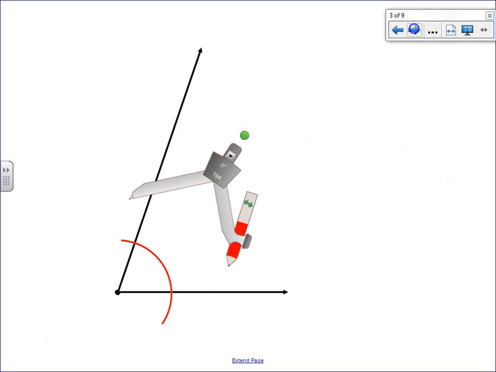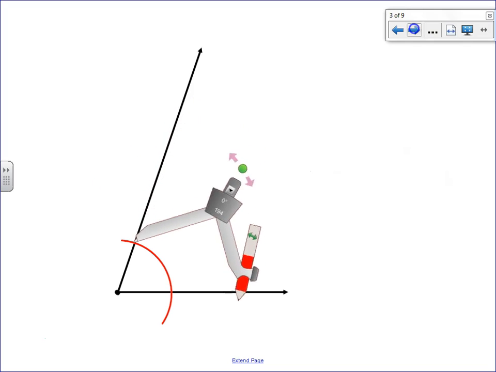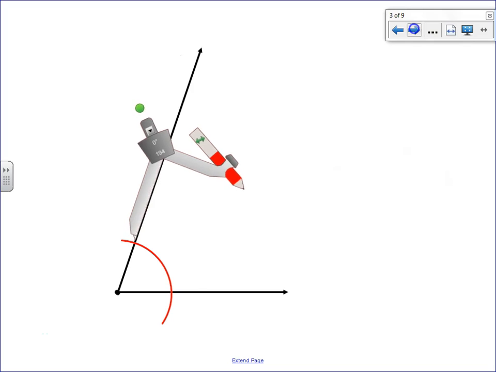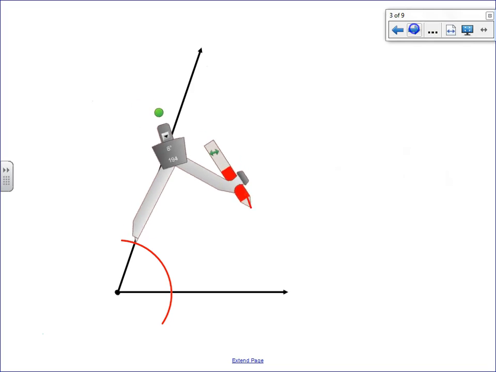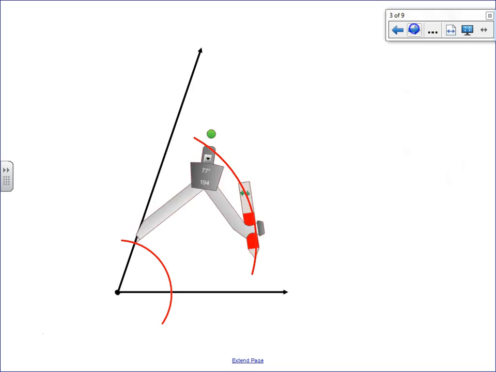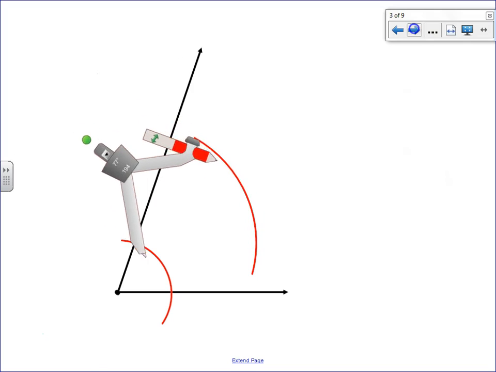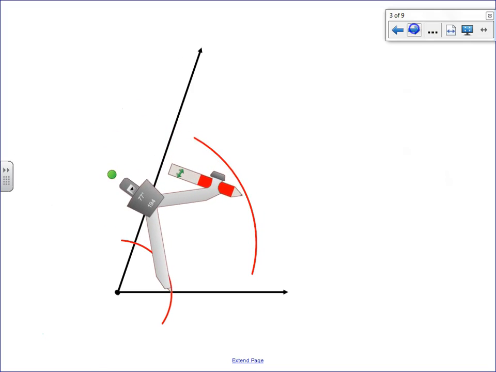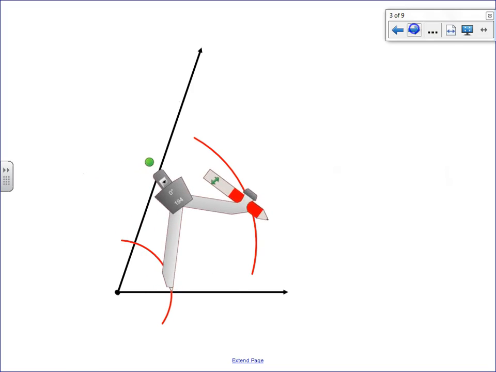From there, we take our compass point, and from the intersection of the arc and the ray, we'll make an arc out by the interior of the angle. We're going to keep our compass the same measurement and arc again.